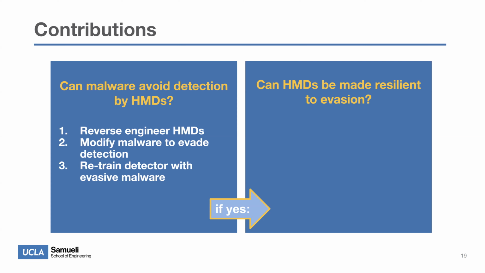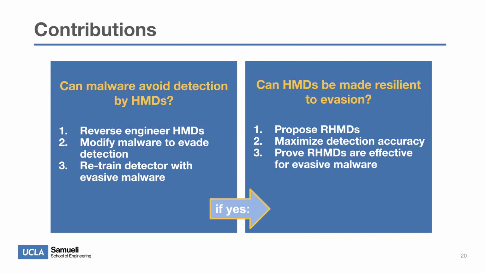Simple HMDs such as logistic regression cannot be retrained to detect evasive malware unless there's a sacrifice in normal malware detection, but sophisticated HMDs such as neural networks can be successfully trained to detect evasive malware, although attackers can still reverse engineer to evade again, resulting in a cat and mouse game. In the second part, the paper investigates if new HMDs that are both robust to reverse engineering and evasion can be constructed.